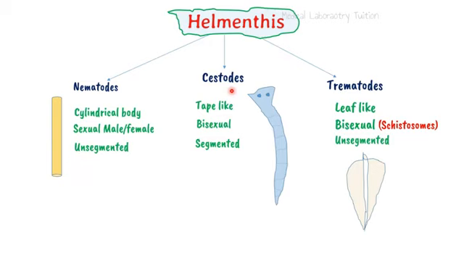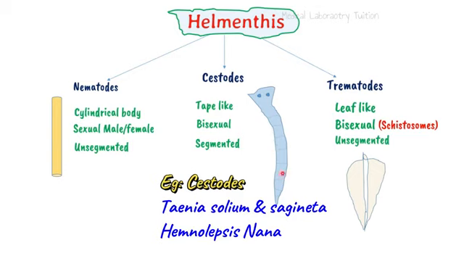In the case of cestodes, we have a tape-like structure, okay, like when we open our cello tape, so they are flat in nature. Another important thing about cestodes is that they are bisexual, so male and female sexual organs are in a single parasite. And the cestode is segmented, you can see the segments in the parasite.